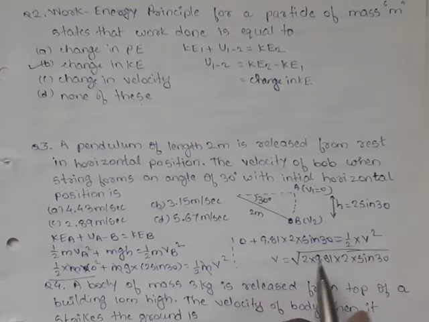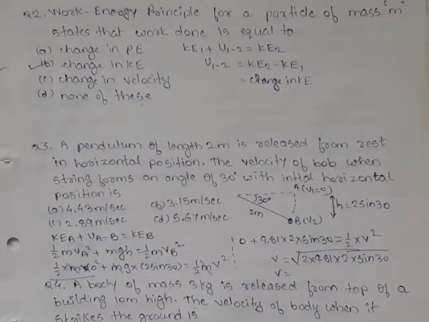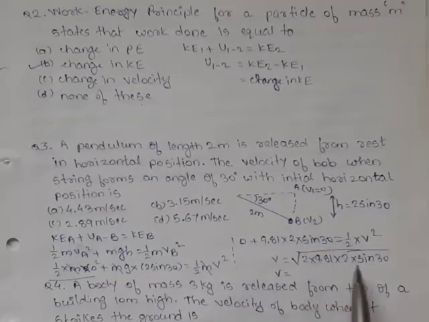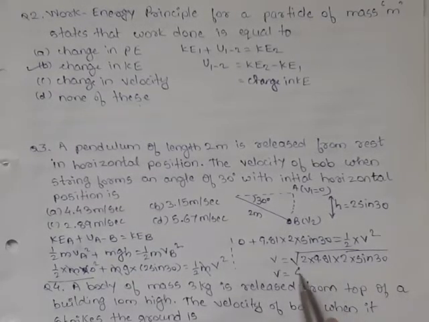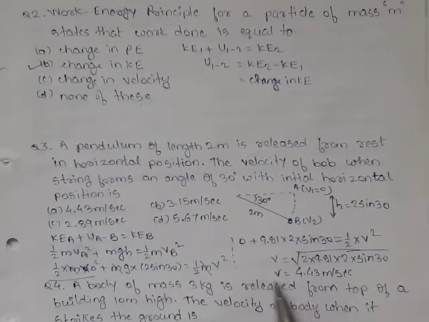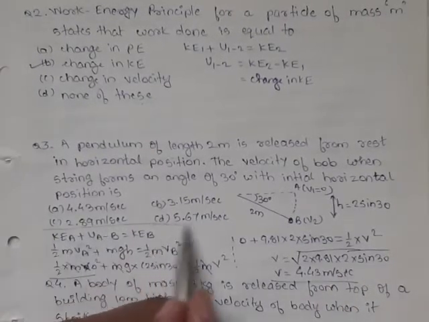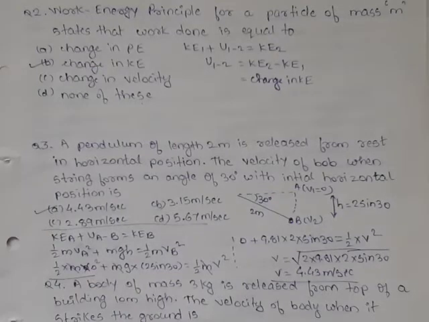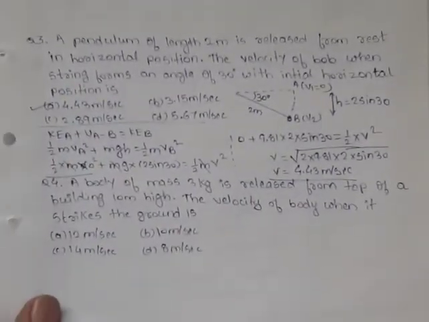Solving this, we get the velocity at point B as 4.43 meter per second. From the four options, option A, 4.43, is our answer in meters per second.